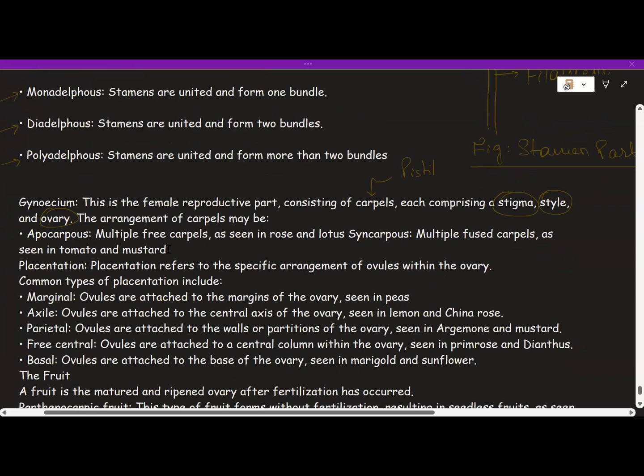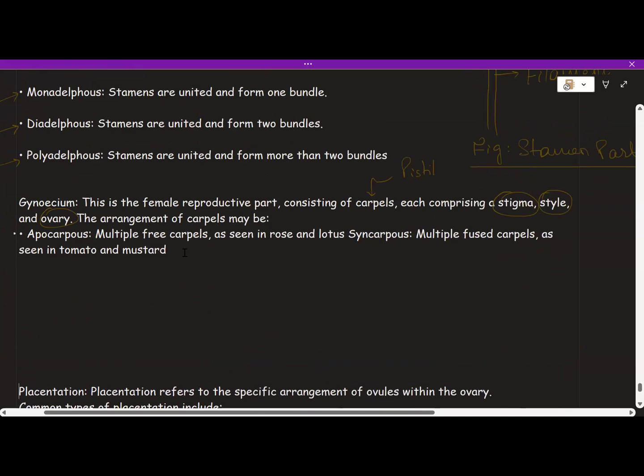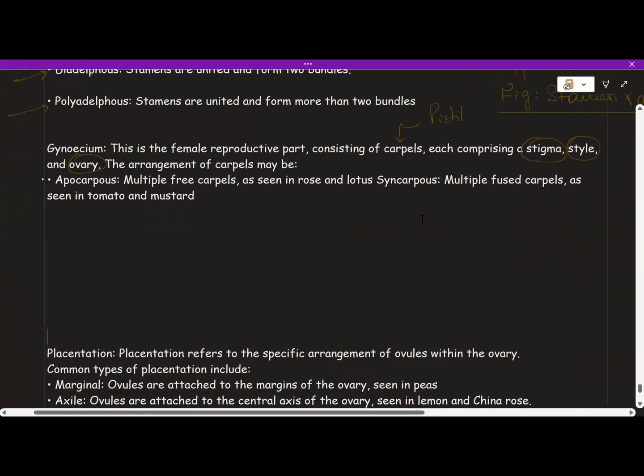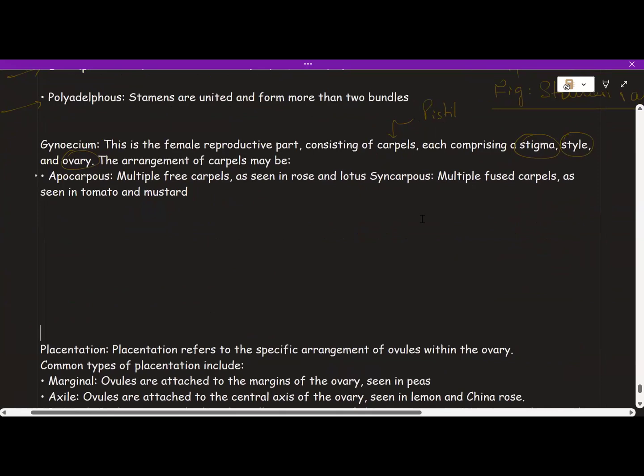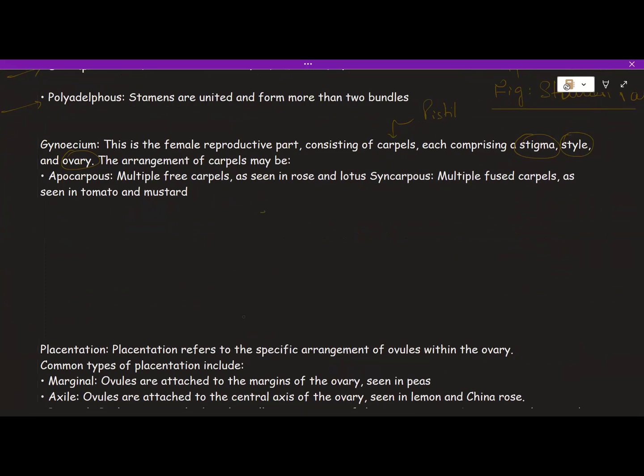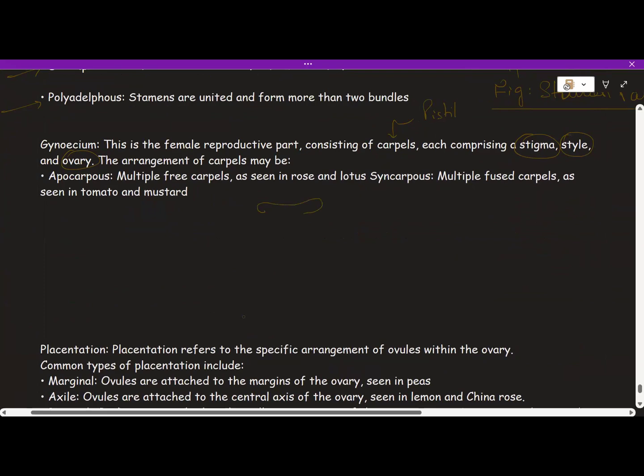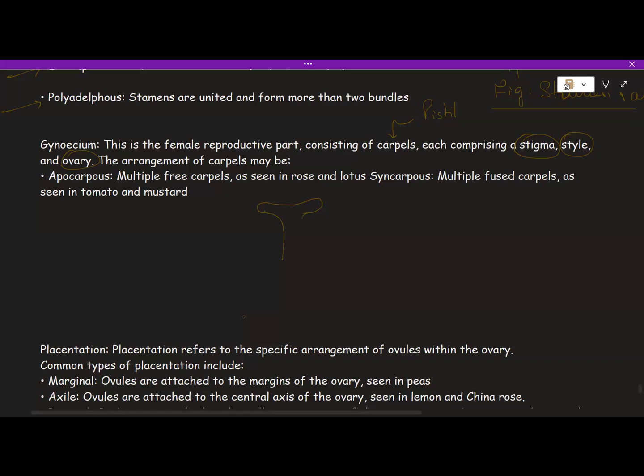Okay. Now see, we were talking about how there are basically three parts of the female reproductive part of a flower, which is called the pistil or the carpel. So I've said there is stigma. So stigma is the landing platform of the pollen grain. Then continued from the stigma is the long tube-like structure, which is called the style.